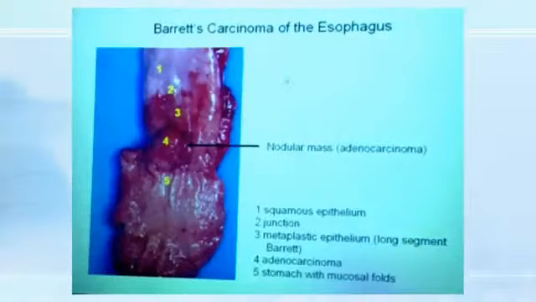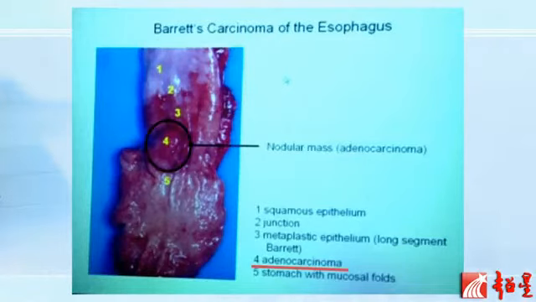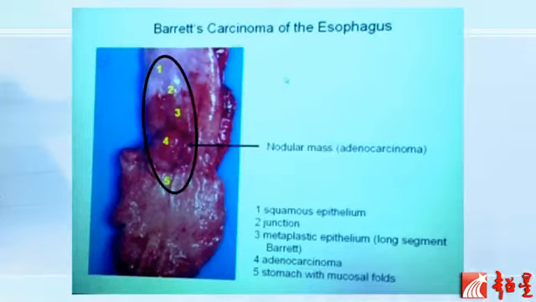Okay, now we have a summary of this Barrett carcinoma of esophagus. Barrett carcinoma means adenocarcinoma. So you find the masses, here the tumor, and here 1, 2, 3, 4, 5 show us this is normal squamous epithelium.